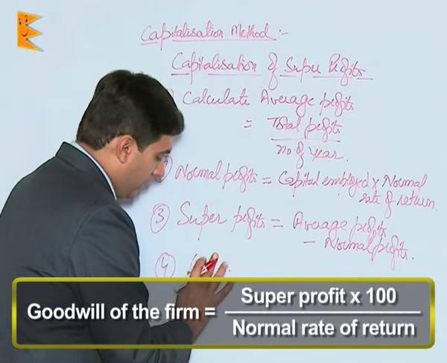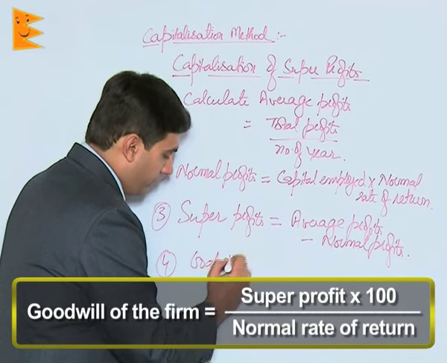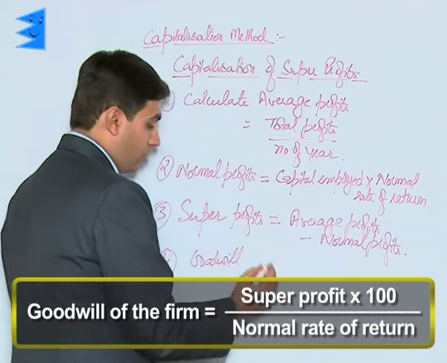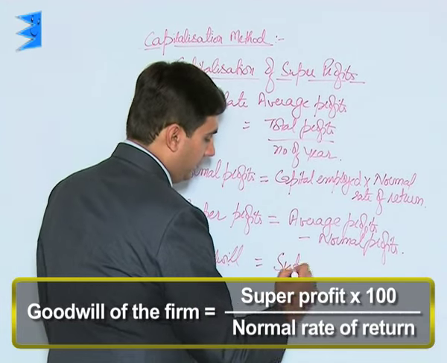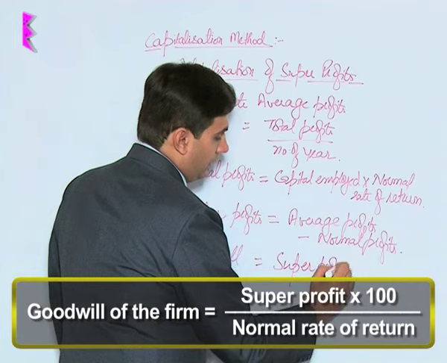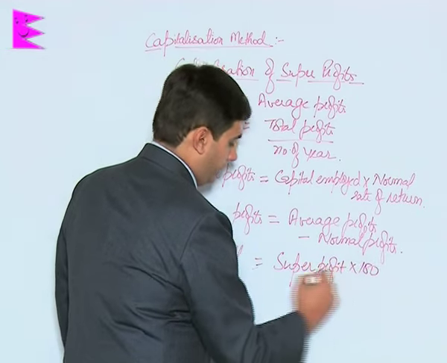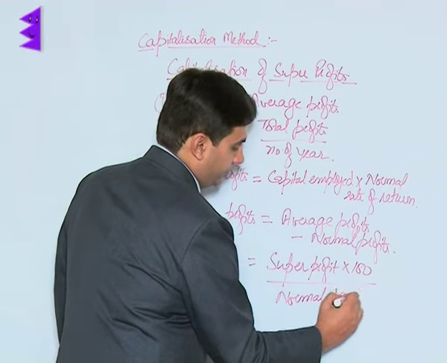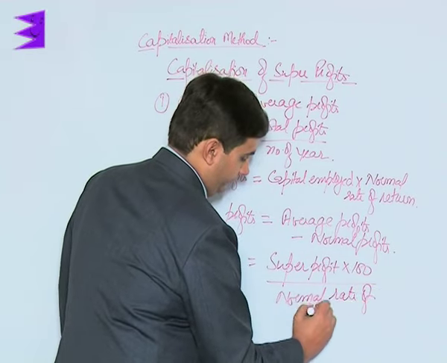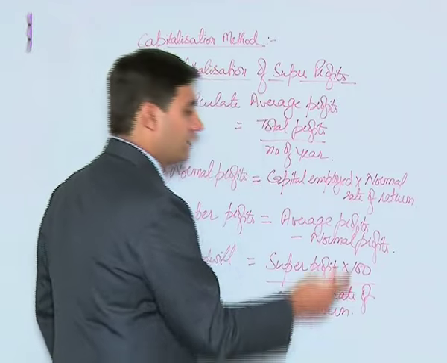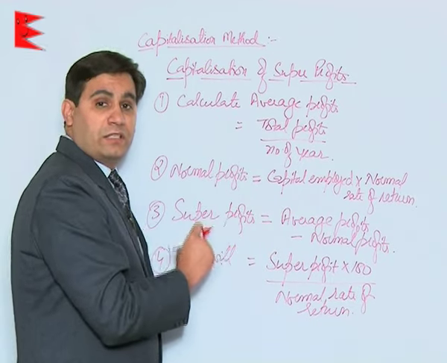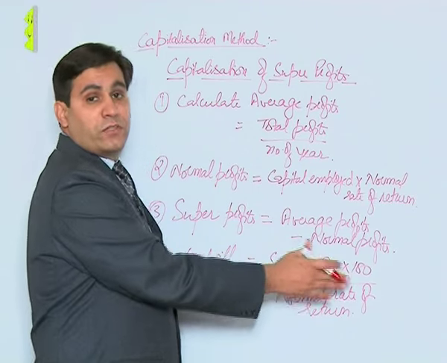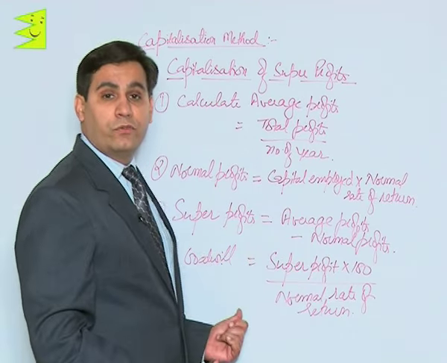Now goodwill under capitalization method would be capitalized value of super profits. So goodwill will be equal to super profit into 100 upon normal rate of return. And again, this normal rate of return is what is given in the question. So once we have calculated super profits, we can put into this formula and get the value for goodwill under this method.